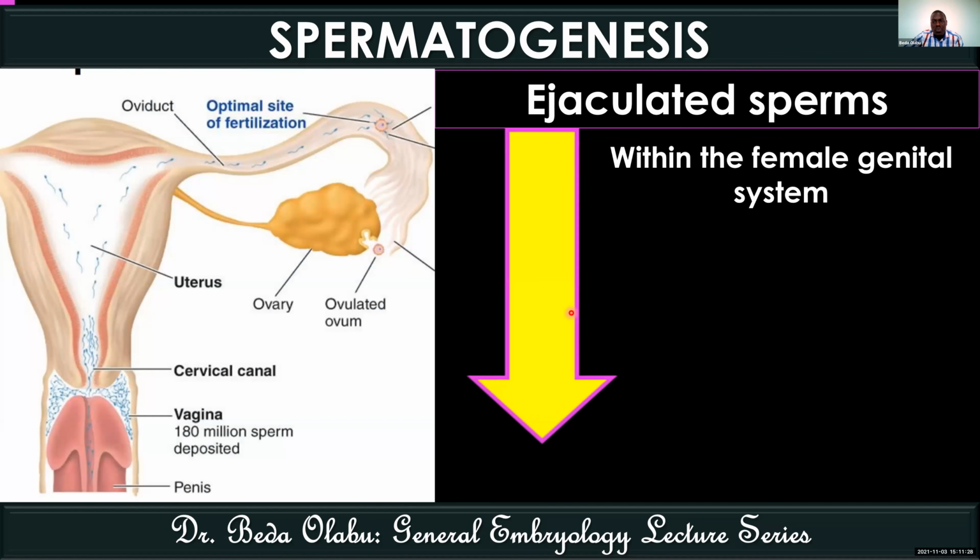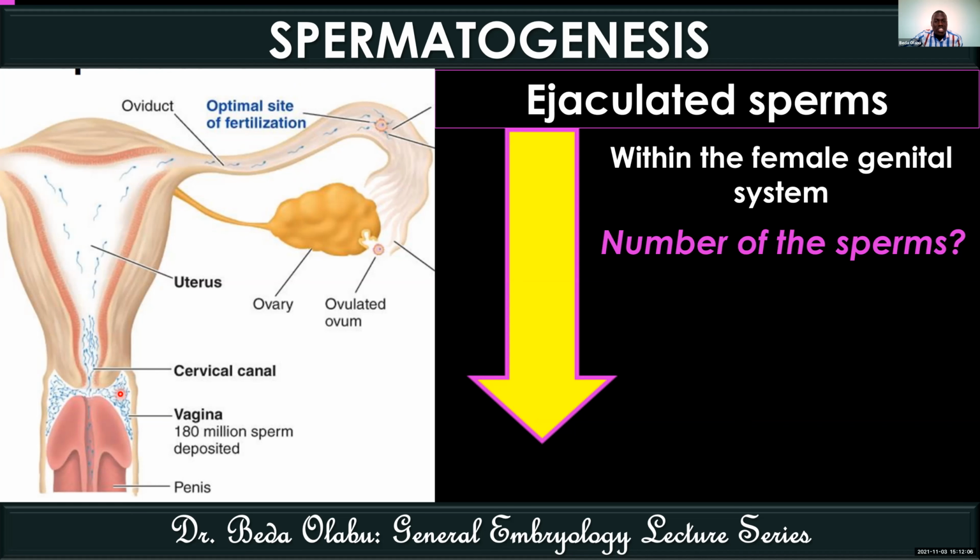Once the sperms are within the female reproductive tract, which means they have found themselves there in one way or another, what happens to them? The number of sperms which are deposited in the female tract are so many. We'll talk about it again when we discuss fertilization. But about 300 to 500 million sperms are deposited in the vagina in a single ejaculate.